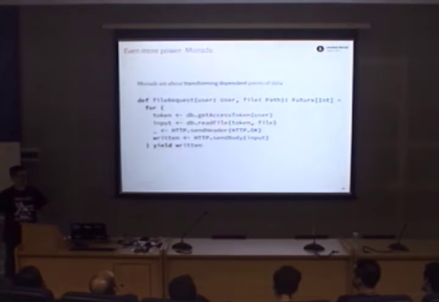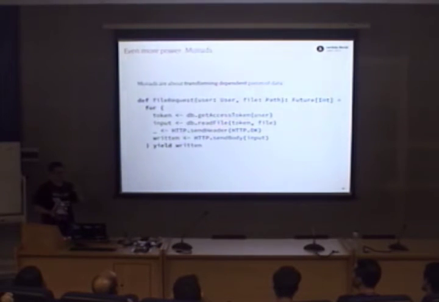Why are they running sequentially? Now, the reason is they have to, because in this syntax, the compiler can't figure out that they're independent. So whenever you do this for and then yield, and you have the sequence of monadic operations which get compiled down to flat map, the compiler has to enforce a sequential ordering because there could be dependencies.